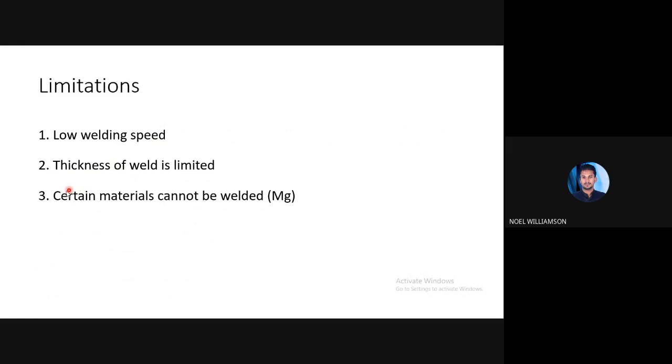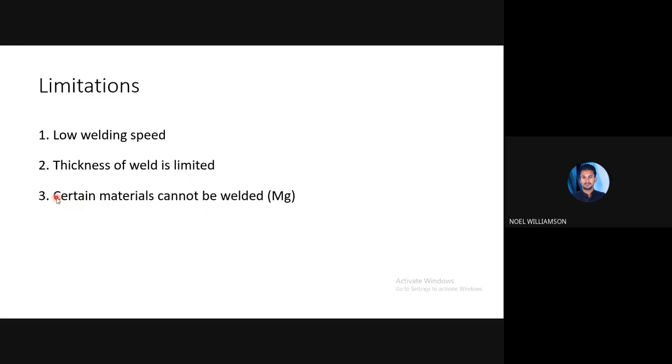Now regarding the thickness of the weld, the thickness will be limited, or small. We will be able to weld only in a small thickness. And also there is a limitation for the materials, for example, magnesium cannot be welded.